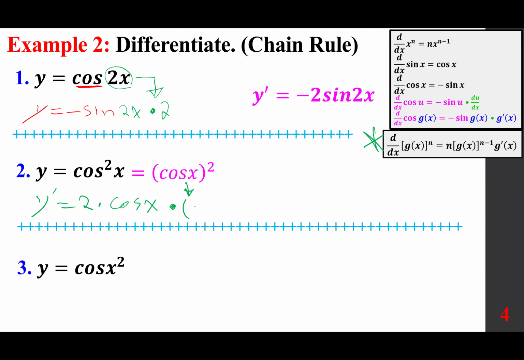The derivative of cosine is negative sine x. And we write it as y prime equals negative 2 sine x cosine x. So you may recognize this as minus sine of 2x. This is the sine of double angle.